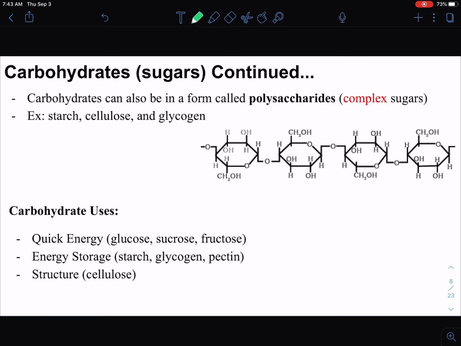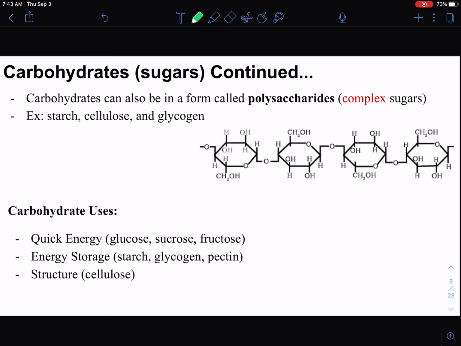Continuation of carbohydrates here. So we have monosaccharides as one, disaccharides is two. Poly, we already said, means many. So polysaccharides are very complex sugars. We already saw starch in the one example before, but you also have cellulose, which is in plants, and glycogen.